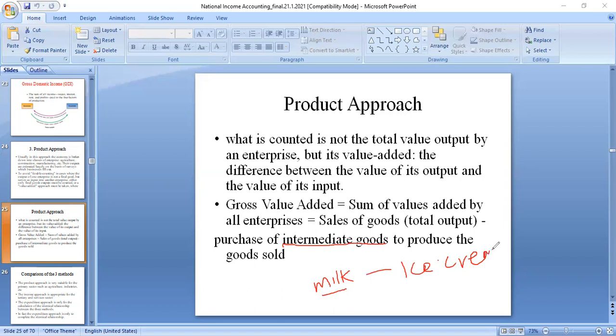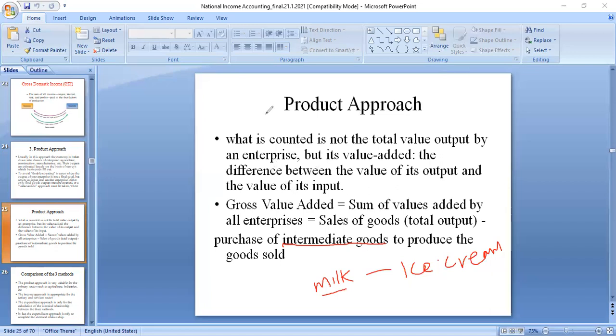So it can be an intermediate good, can be a final good, but it can also be an input in the production process. So the value added or the product approach basically considers this formula of subtracting the purchase of intermediate goods from total sales of total output, basically to avoid what you call double counting.